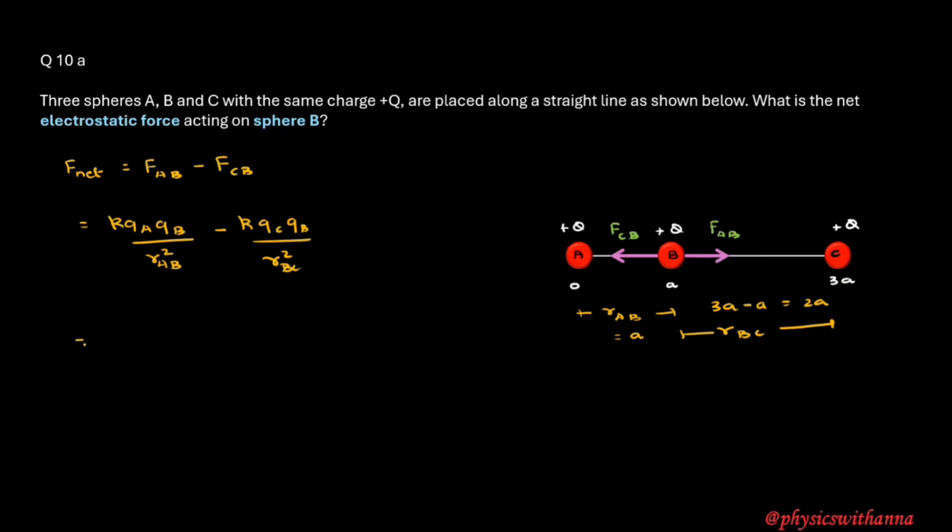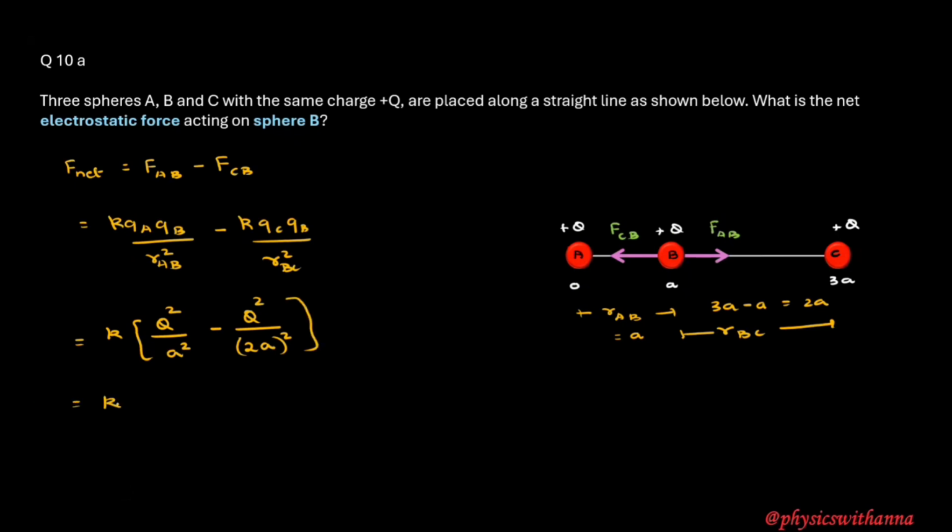So now let's substitute. K we can take out as common. QA and QB both carry the same charge, so we can just multiply them and take it as Q squared over RAB squared, which is A squared, minus QC and QB again the same charge, so Q squared over RBC, which is 2A, the whole squared.